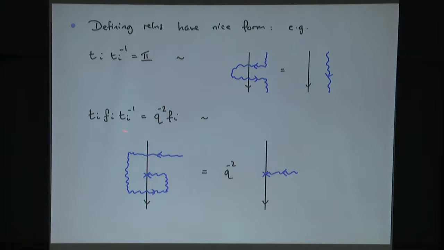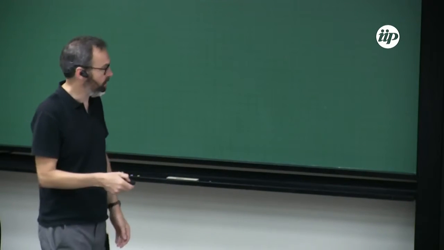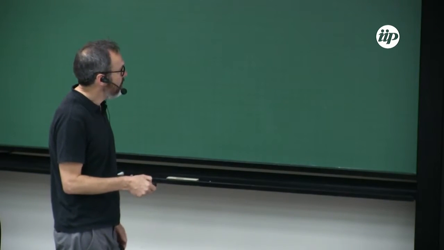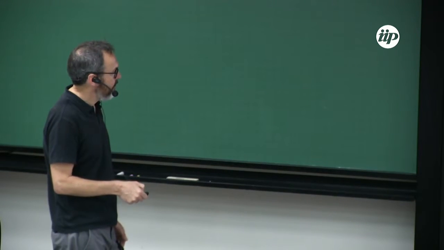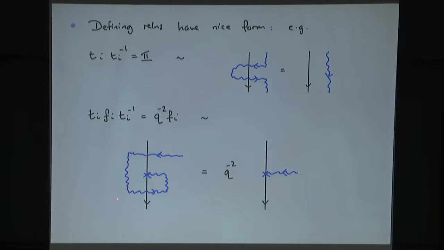And, well, less obvious is this. So this is one of the defining relations of the UQSL2 hat. You know, it's the analog of EI-FI commutation relations for the SL2 hat. So if you think about this picture, I've got a Ti inverse, and then I've got an F, so I'm composing downwards, and then I've got a Ti, and I can zip them together like this in a consistent way to indicate this.